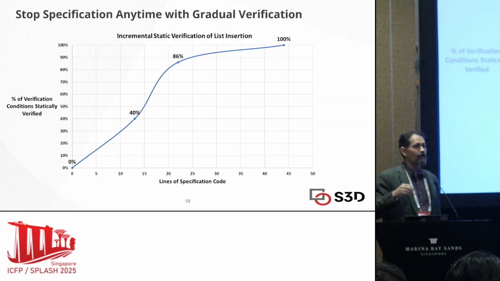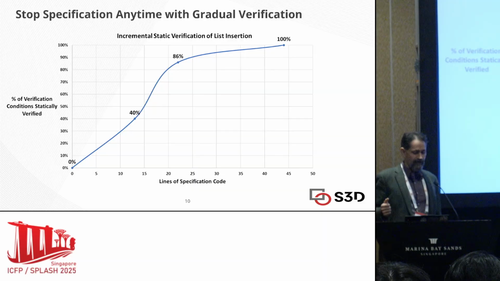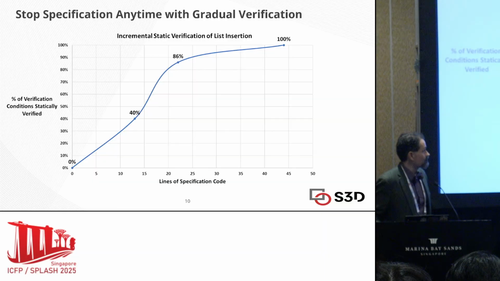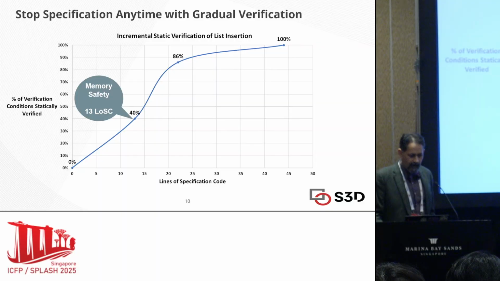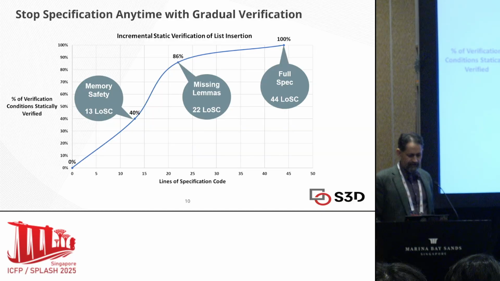So you can get quite far towards assurance, at least in this notion of percentage of verification conditions checked statically, with perhaps a minority of the annotations that you would need to check everything, which is potentially quite nice. And in fact, you can get into memory safety already after just 13 lines of specification, about 40% of the work. Everything except the lemmas is 86%, right, and then the full spec is 100%.